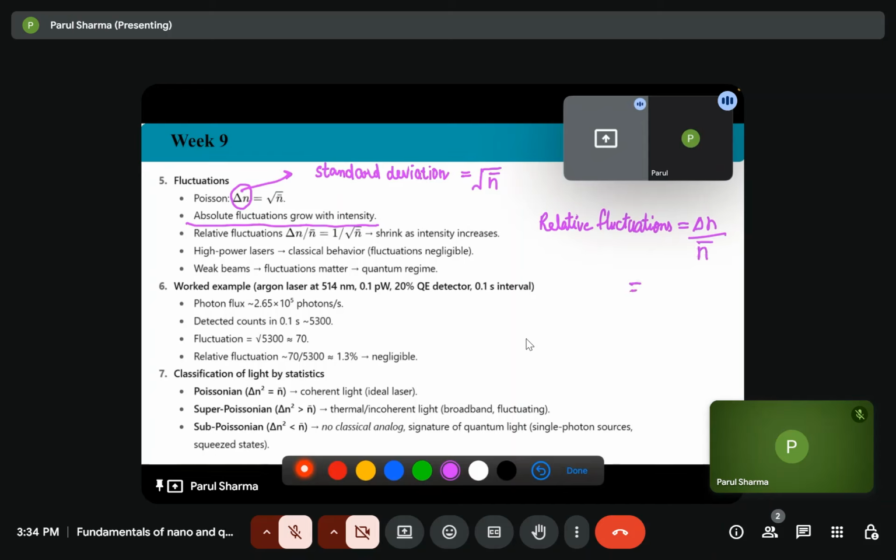We know that delta n is the root under n bar, which is 1 by root n bar. So it tells us as the intensity will increase, these relative fluctuations will decrease.